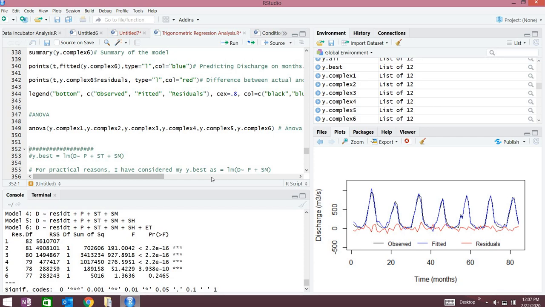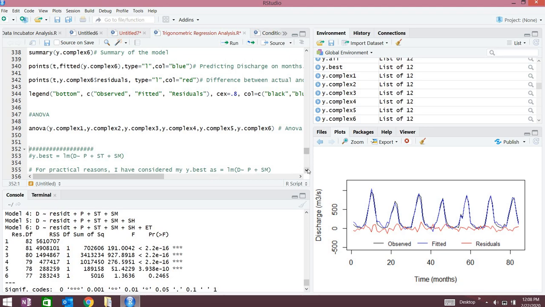And if you are from the monsoon region, you know that rainfall governs everything. The rainfall governs the soil moisture, the soil temperature, and the river discharge.